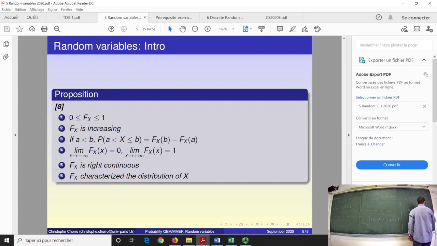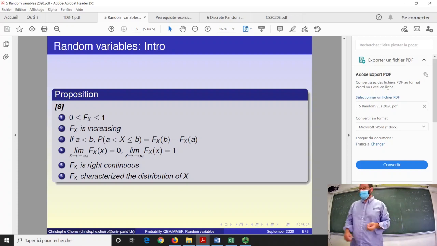So you want a decreasing sequence converging toward x this way, then f of xn converges toward f of x. Of course, if you are continuous, you are right continuous, because if you are convergent and decreasing, you are convergent. But right continuity implies that the sequence decreases toward x.